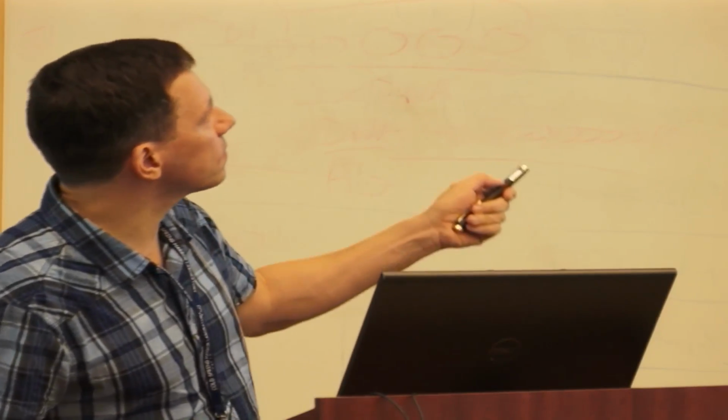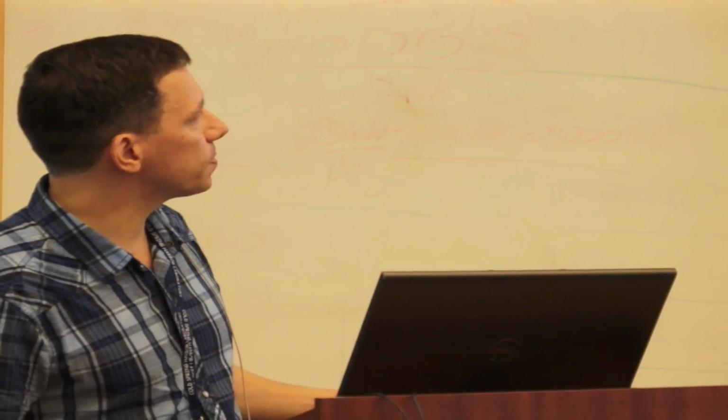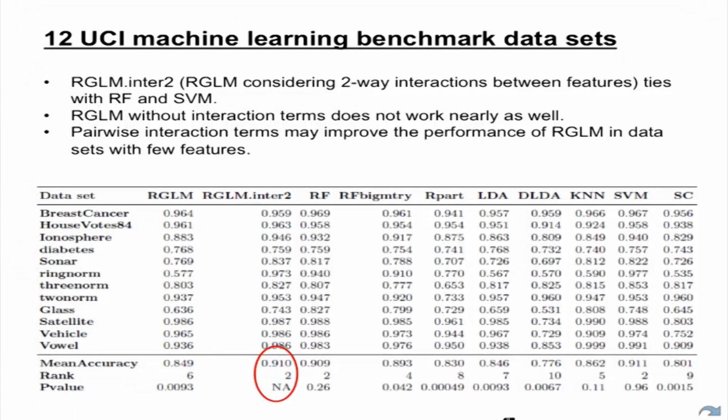And so here is the evaluation on these UCI benchmark data sets. And notice when you have the RGLM without interaction terms, the performance is not great. It ranks 6th. But the minute you allow for interaction terms, it ties with the best performing methods.